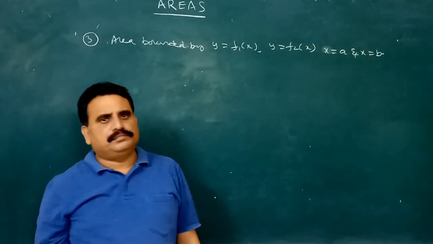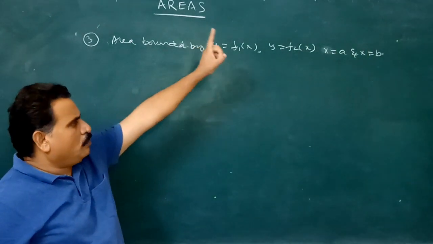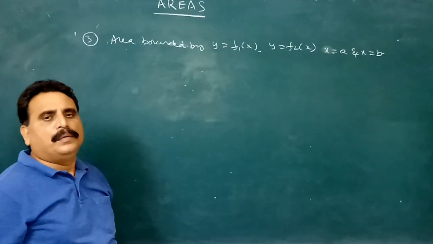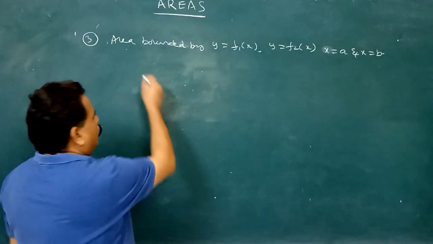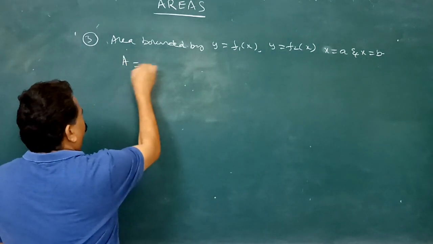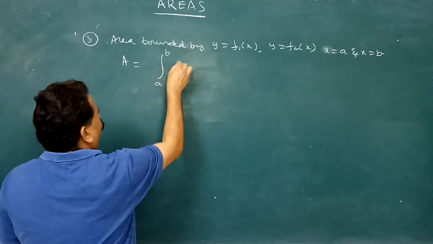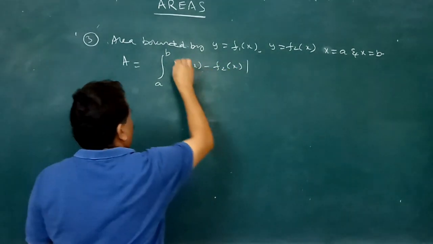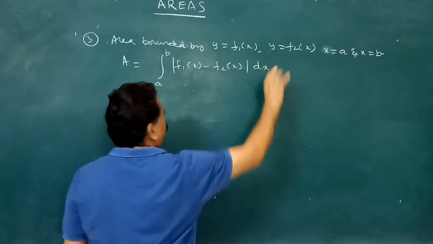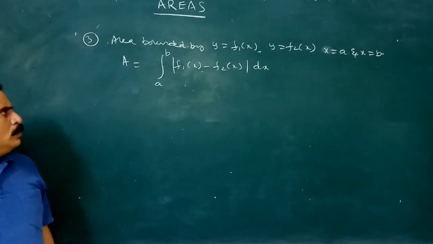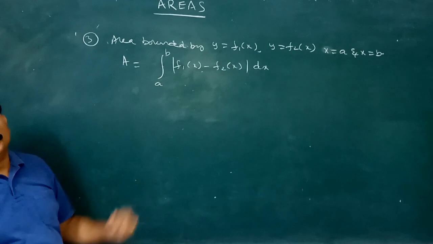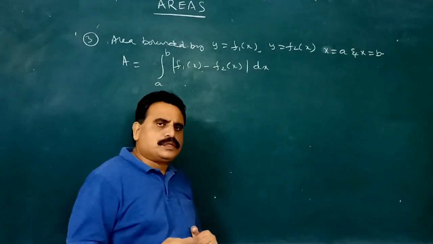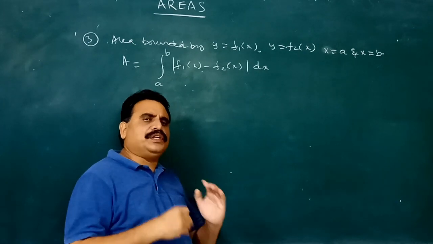The area bounded by y equal to f1(x), y equal to f2(x) with the lines x equal to a and x equal to b is the integral from a to b of modulus of f1(x) minus f2(x) dx. To find this value, first you have to find out which one is the upper curve and which one is the lower curve.